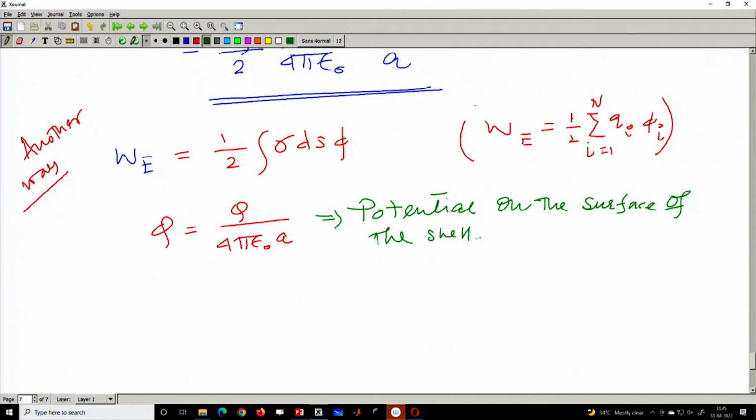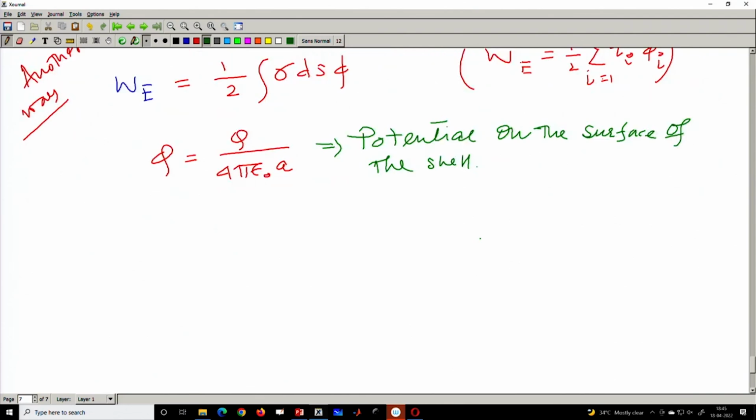So, the potential is known. So, I just simply use that because this does not depend on the integration.